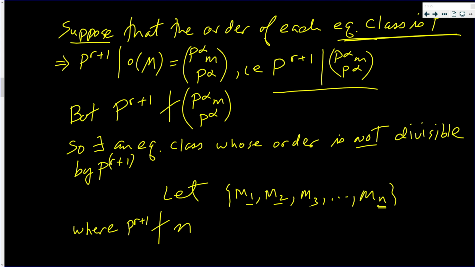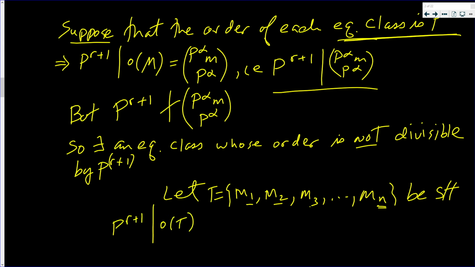Let that be such that, let's call it T, such that p to the r plus 1 does not divide the order of T. That is, p to the r plus 1 does not divide the order of T, which is n.